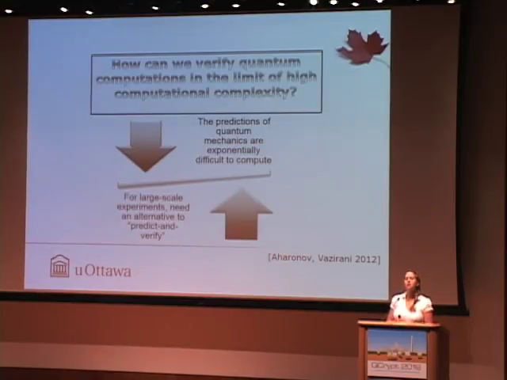So it seems to be impossible, at least in a reasonable amount of time, to make a prediction based on the postulates of quantum mechanics. Hence, we can't predict ahead of time what the quantum computer is expected to do. So how can we verify that it's correct? It really looks like we're at a crossroads here, and we need an alternative to the standard predict and verify paradigm for the experimental process for quantum computing.